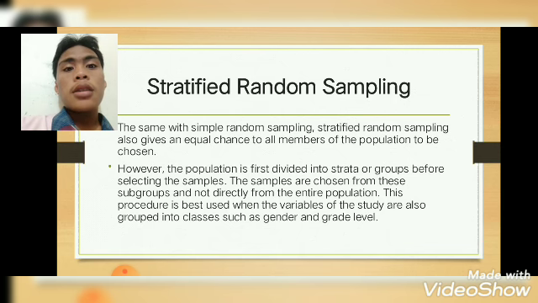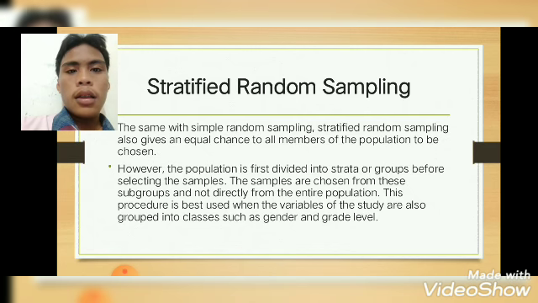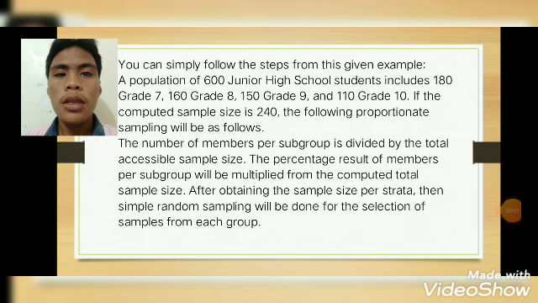The samples are chosen from these subgroups and not directly from the entire population. This procedure is best used when the variables of the study are also grouped into classes such as gender, and you can simply follow the steps from this given example.